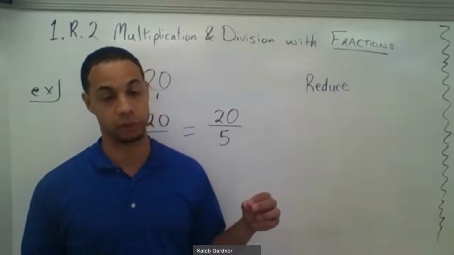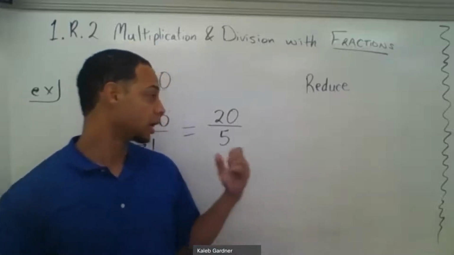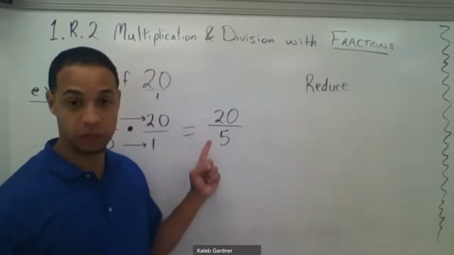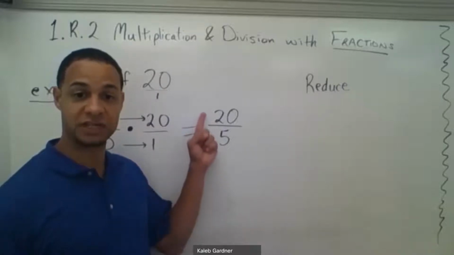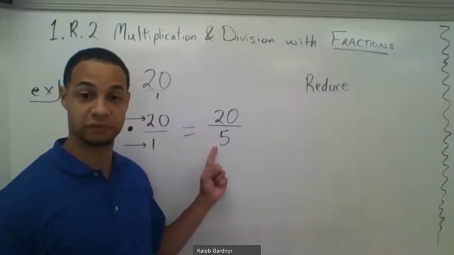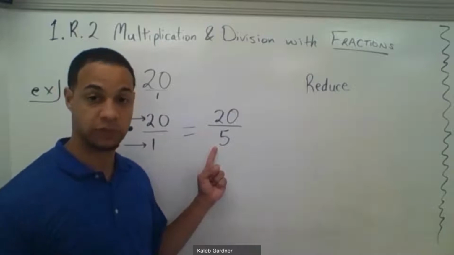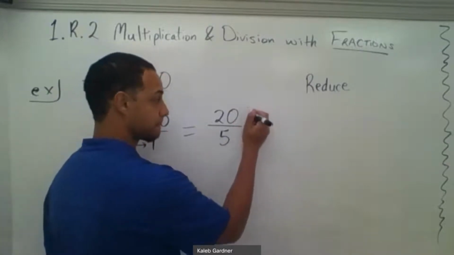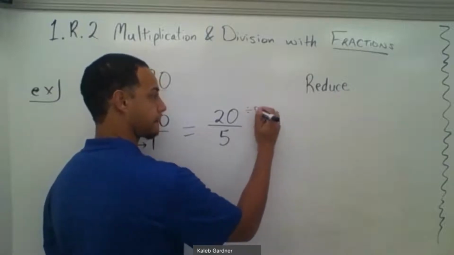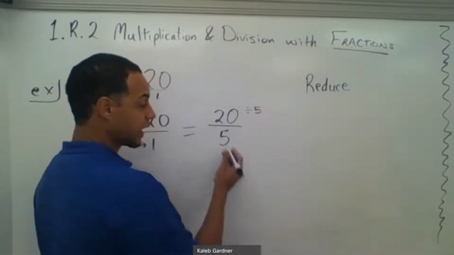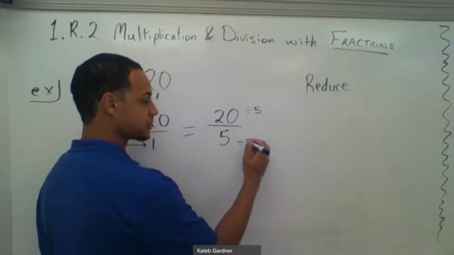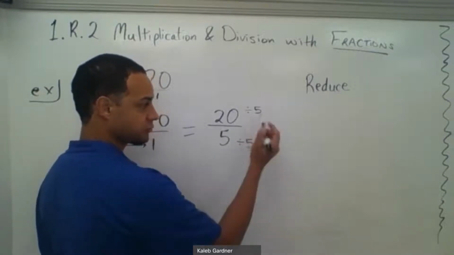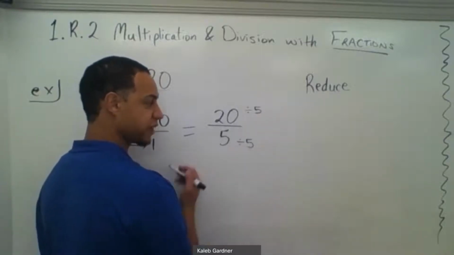That's another vocabulary word. We'll talk about that a little bit more later. A factor is a number that divides into both 20 and 5. Example, the number 5. 5 divides into 20, and 5 also divides into 5. See, 5 goes into 20 and it goes into 5.